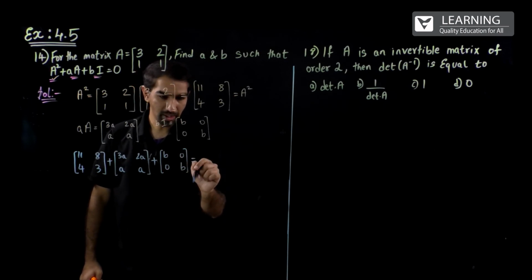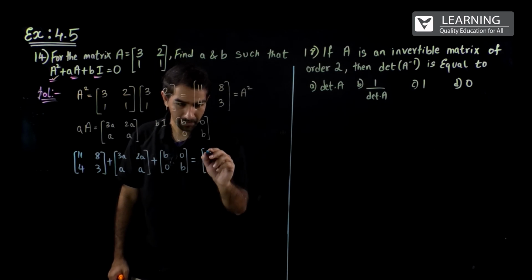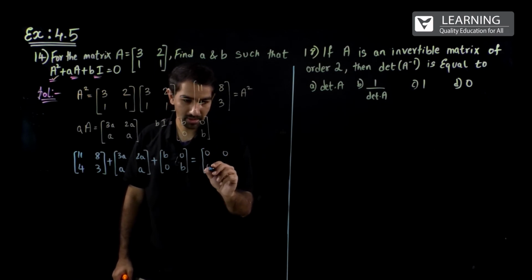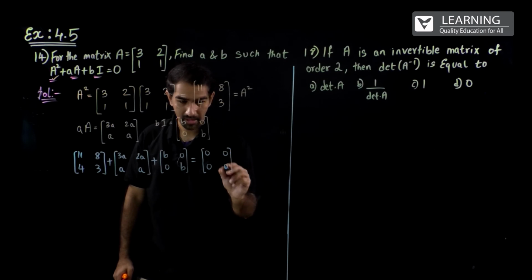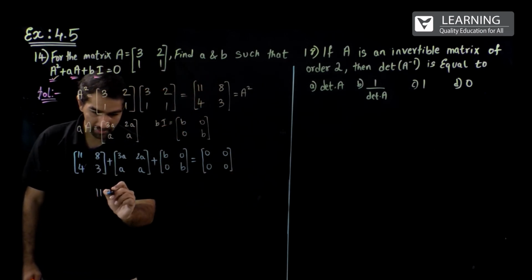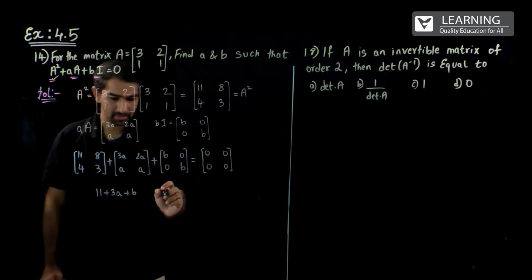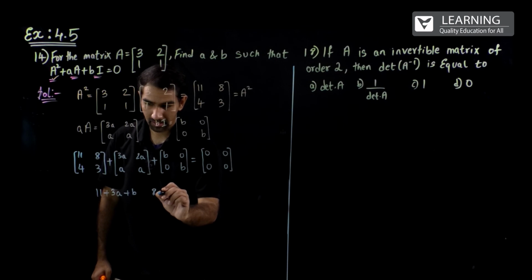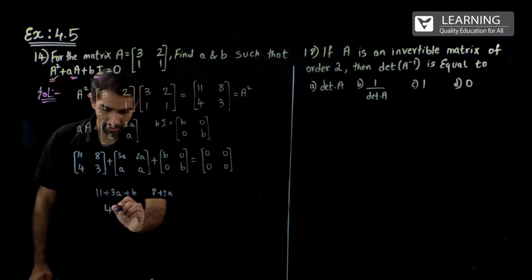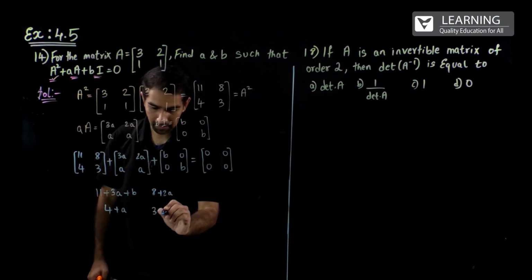So this is equal to what? This is equal to 0. So that again can be written in the matrix form 0, 0, 0 and 0. Now add the matrices on the left hand side. You will be getting 11 plus 3A plus B, 8 plus 2A, 4 plus A, 3 plus A plus B. Correct?